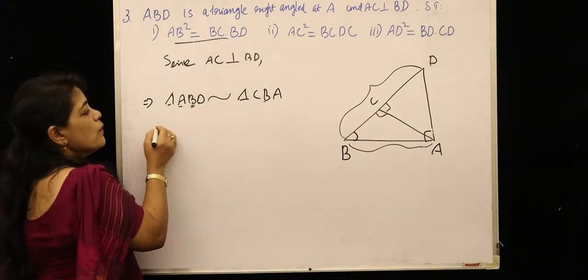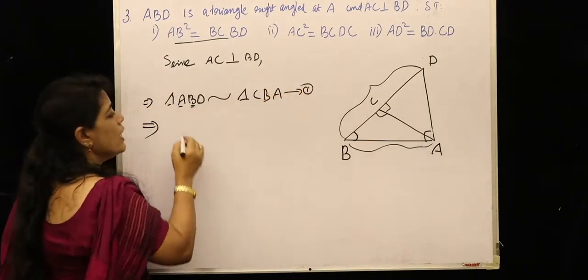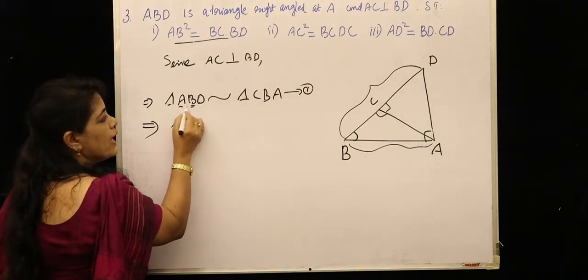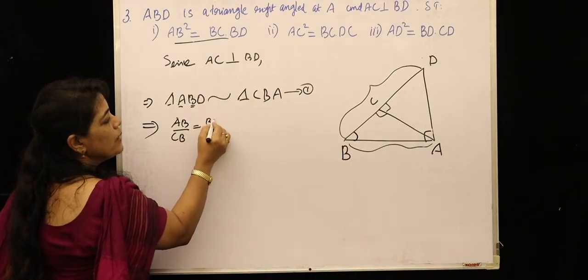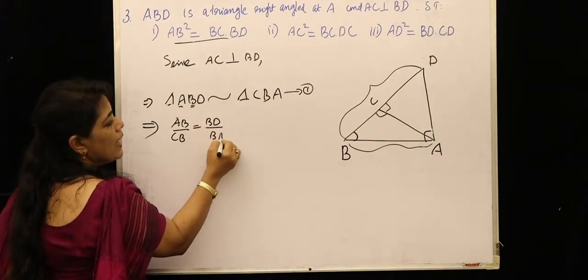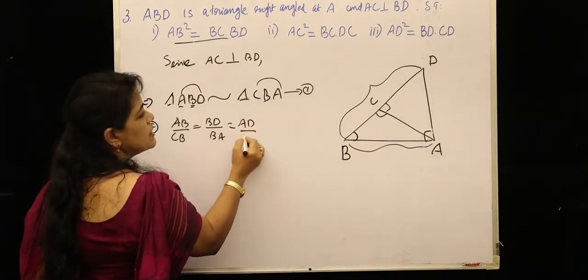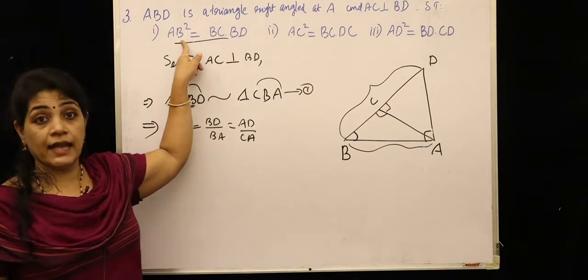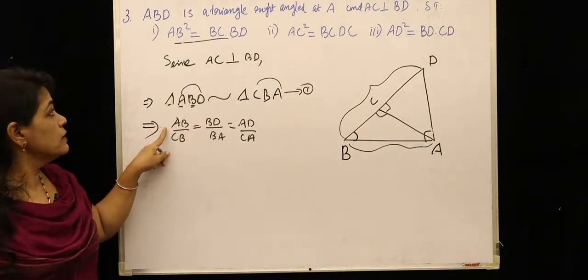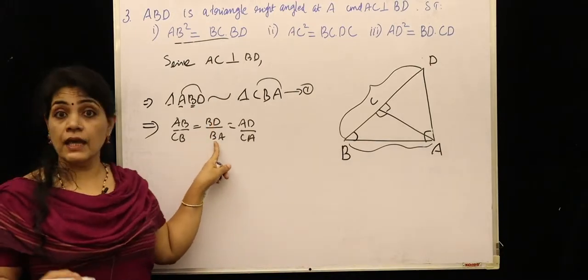Let it be equation number 1. I am considering the ratio AB by CB equals BD by BA, and that is equal to the third ratio, AD by CA. In order to get this result, AB square: AB by CB, BD by BA is AB.